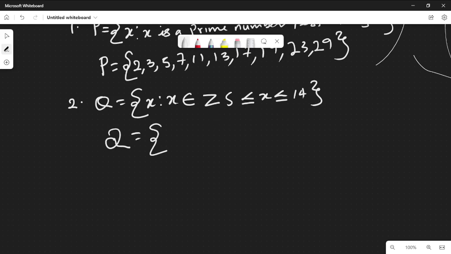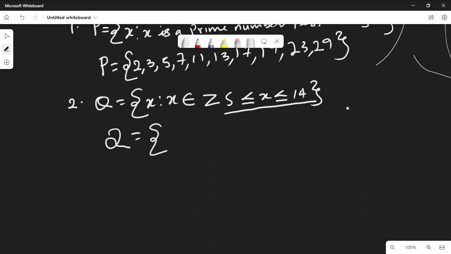Now, I've explained what this simply means: Q is a set of X such that X belongs to the set of integers. If you look at this statement here, you need to understand it.